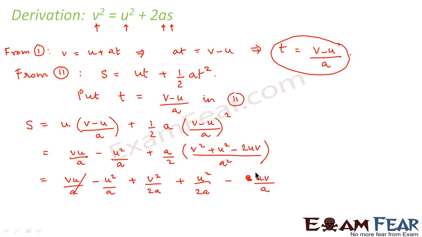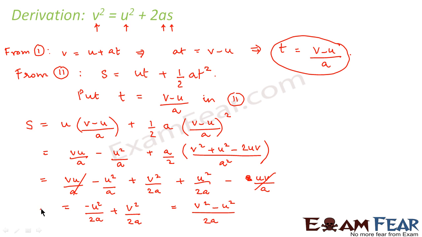Now this term and this term will cancel out. So we get minus u square by 2a plus v square by 2a. So this is equal to v square minus u square by 2a.